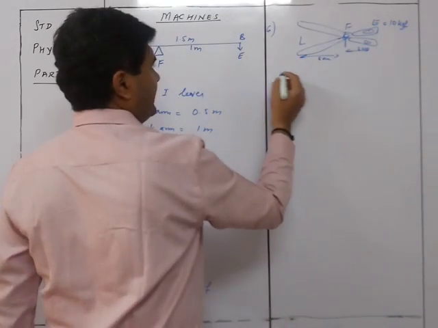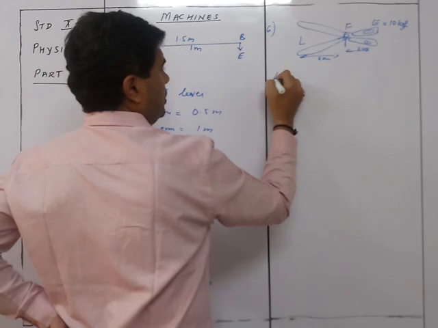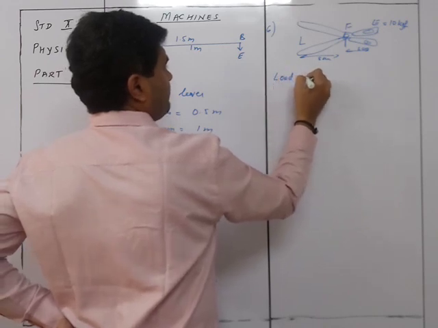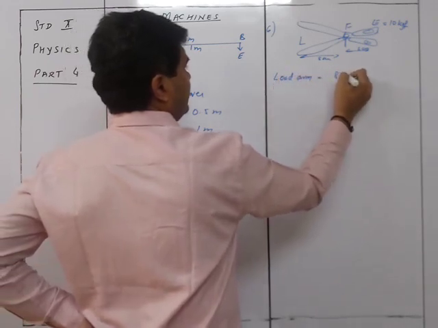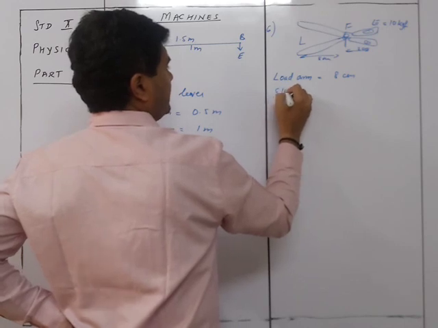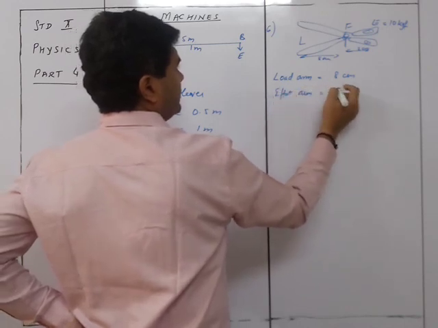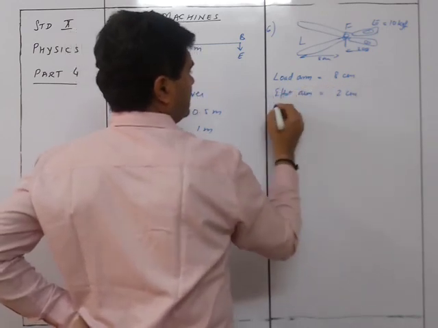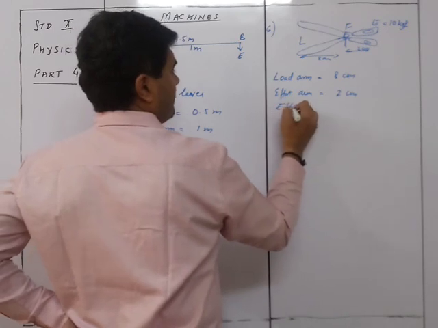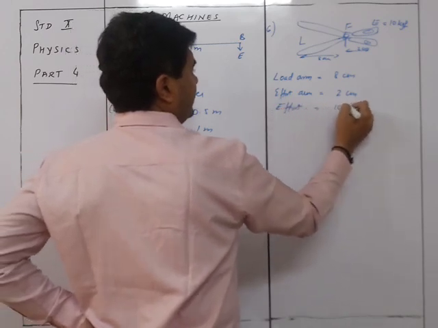So let us write that down. We have load arm equal to 8 centimeters, effort arm equal to 2 centimeters, effort equal to 10 kgf.